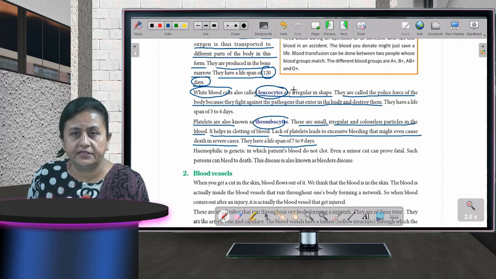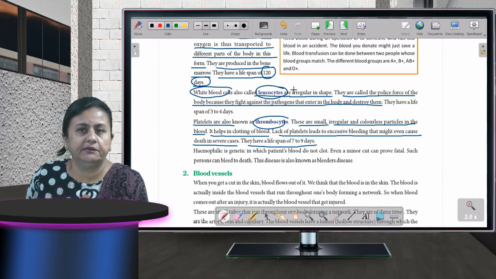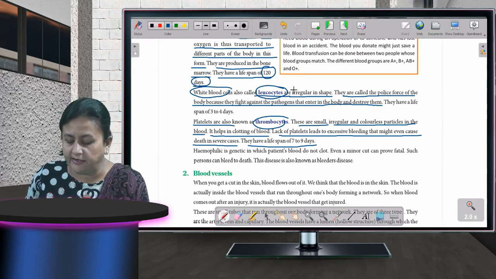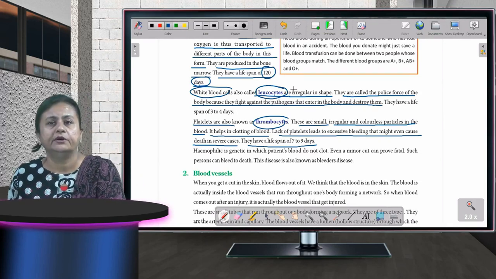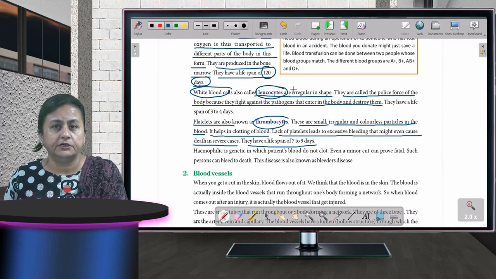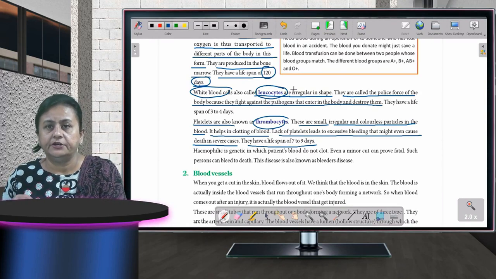They act like a police. In case any problem is there, police is called and they solve the problem. In the same way, if in a body any problem is there, the WBCs, that is the leukocytes, rush over there and fight the pathogens or the germs or bacteria which have entered the body.